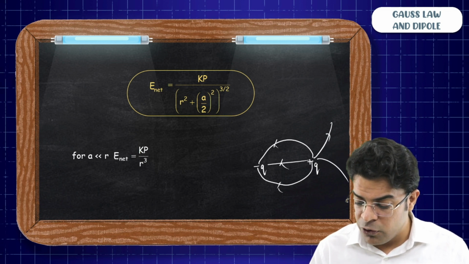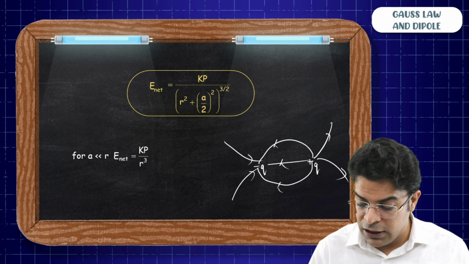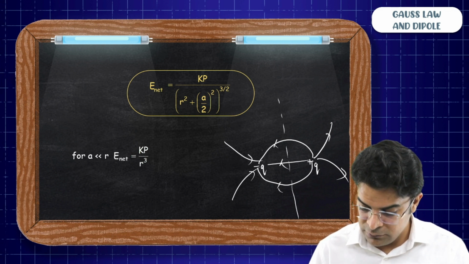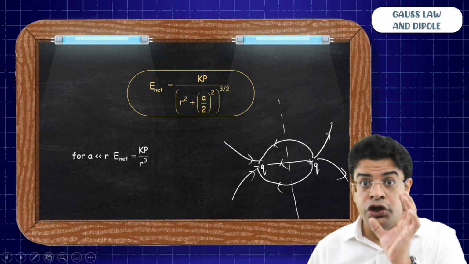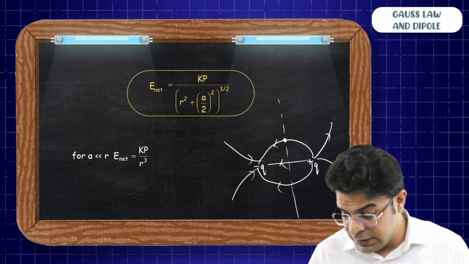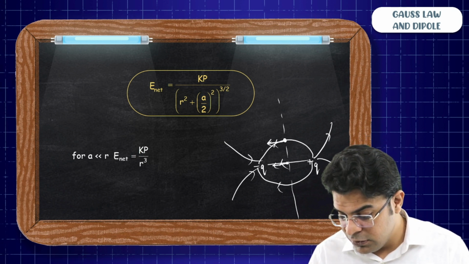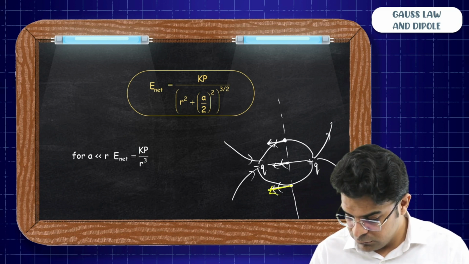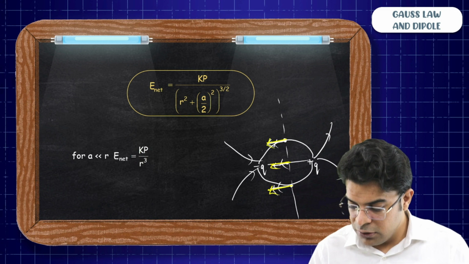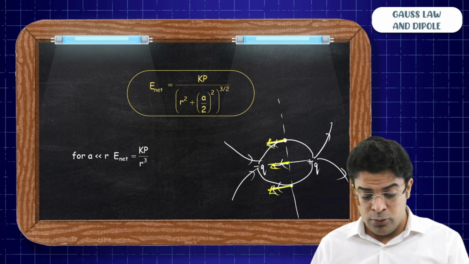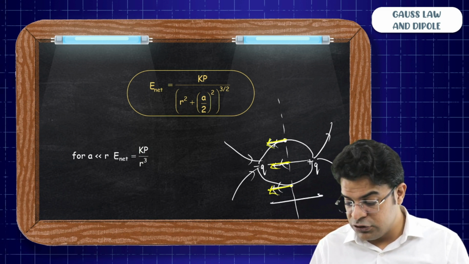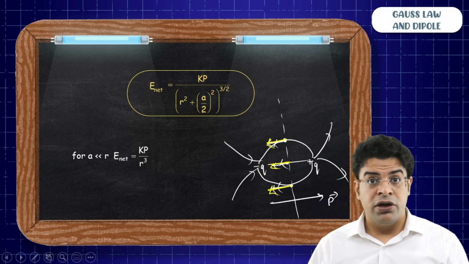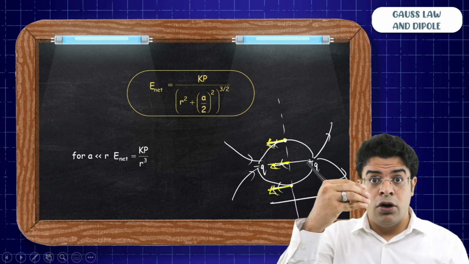At any point on the equatorial line, the direction of field due to this dipole is here, right? Think of tangents. Now, the direction of dipole moment is from negative charge to positive charge. The direction of field is opposite to it.